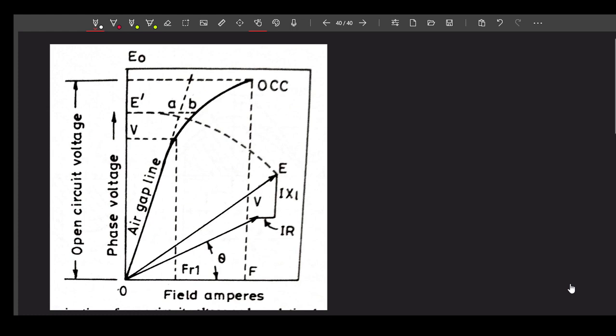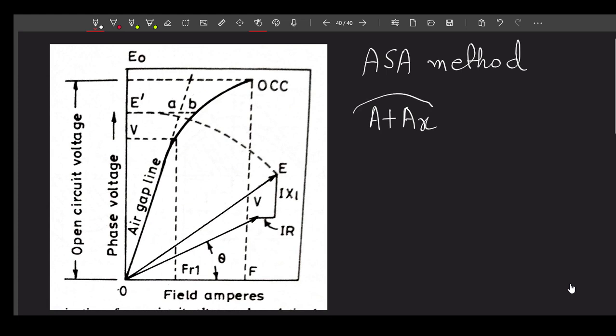Here we need to find out, using the ASA method, what the amount of A plus AX is. That is the amount of field excitation required to circulate short circuit current, full load short circuit current. Let me write.